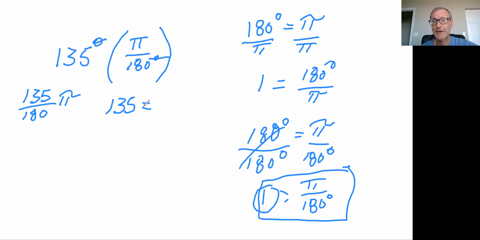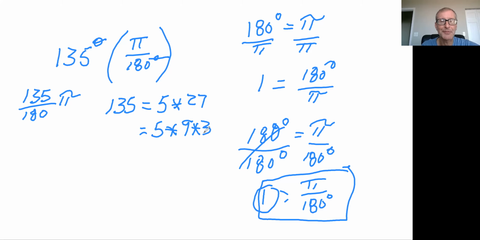So 5 is a factor of 135. If you take 5 out and divide that into 135, you would get 27. And if you don't see that, just take your calculator out and do it, and away you would go. So now we know that 27 is what? 27 would be 9 times 3.